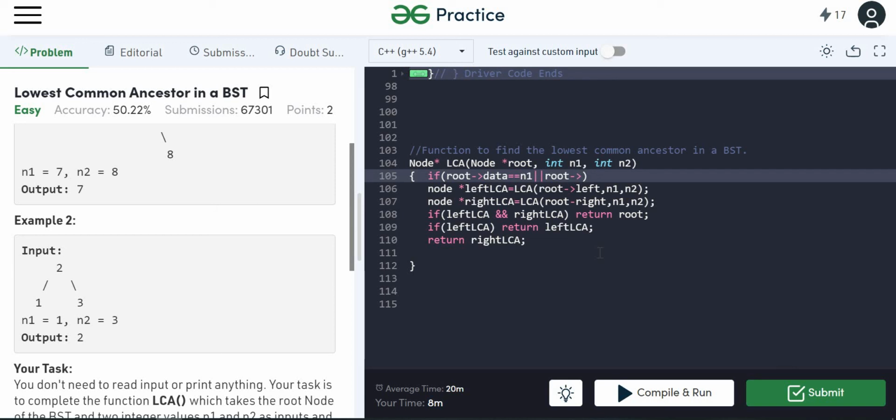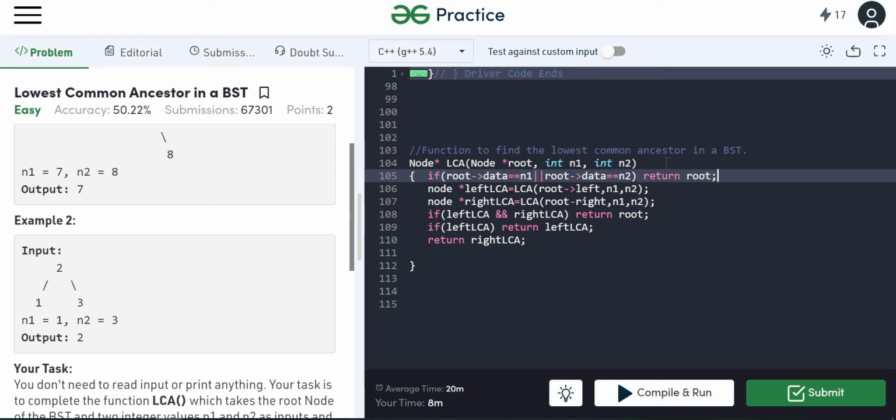Because if either one is the root, then the result already lies in the root, so simply return the root.